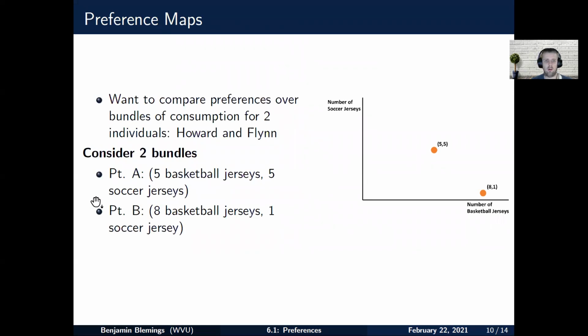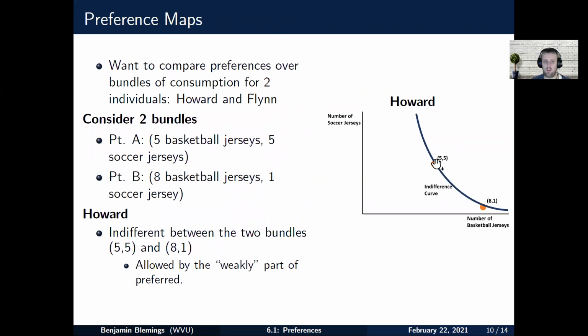All right, so now we need to understand these. And so I'm calling this 5-5 point A and 8-1 point B. And so for our first individual, who I've named Howard, we say that Howard is indifferent between 5-5 and 8-1.